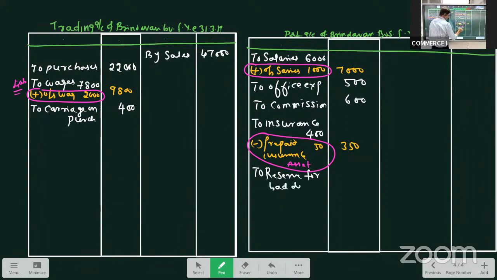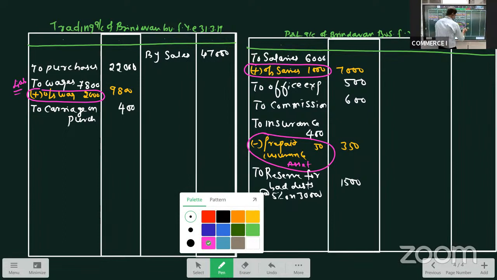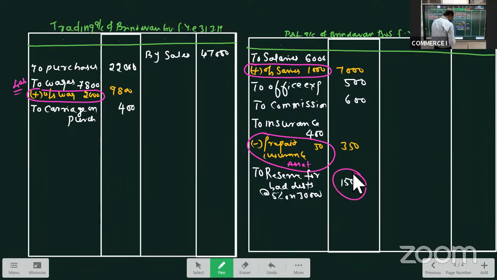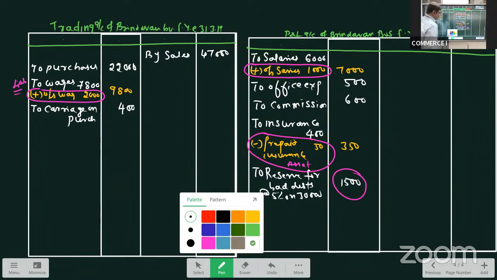Reserve for doubtful debts is created at 5% on debtors. Once I have taken it here, then while preparing the balance sheet, I will deduct 1,500 from assets, debtors.